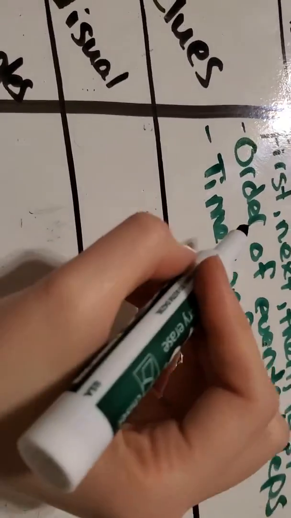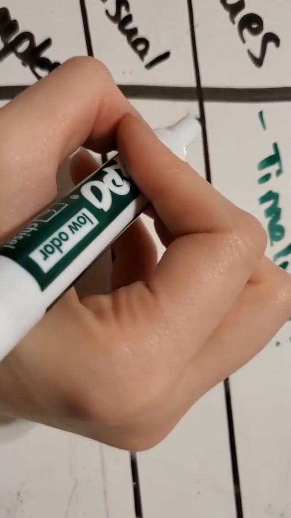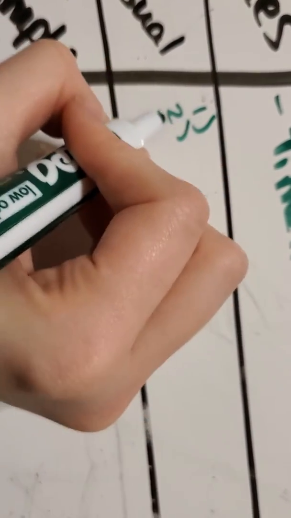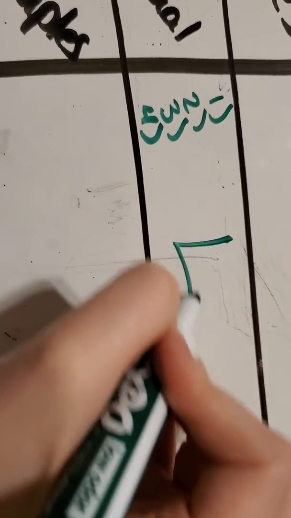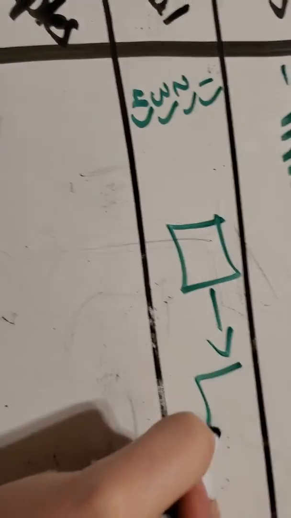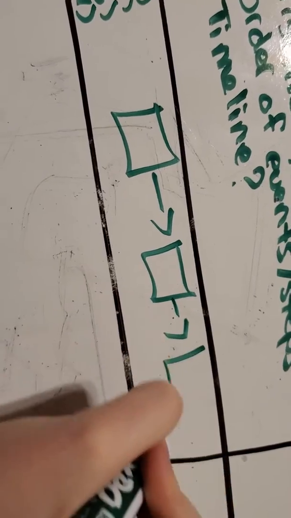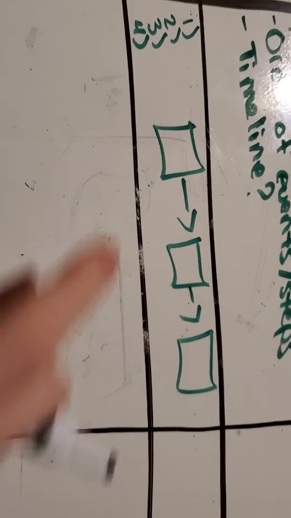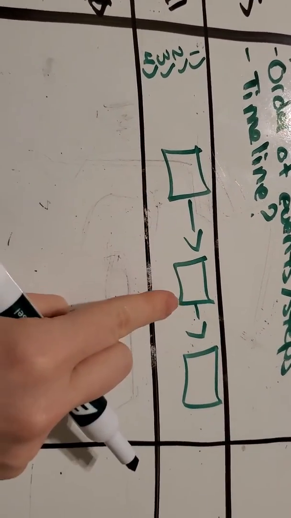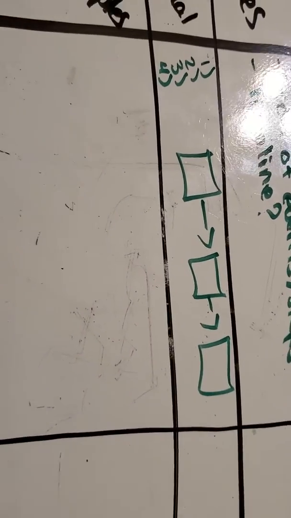Your visual could be 1, 2, 3, 4. It could be this list of boxes. So this would be step 1, step 2, step 3.